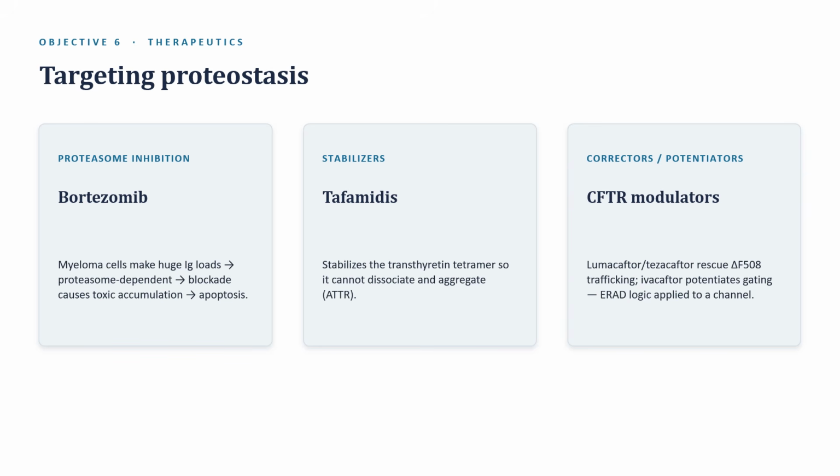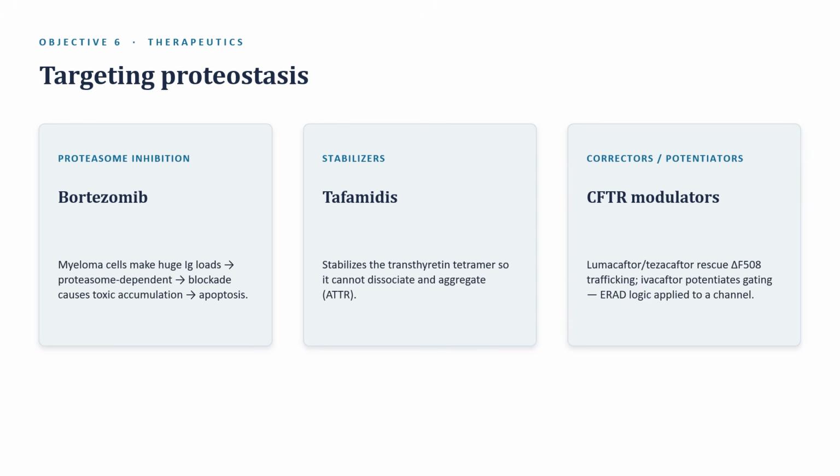The second strategy is to stabilize the protein so it can't misfold in the first place. Tafamidis binds and stabilizes the transthyretin tetramer so it doesn't fall apart and aggregate, treating ATTR. And the third strategy is to rescue a misfolded protein's trafficking.